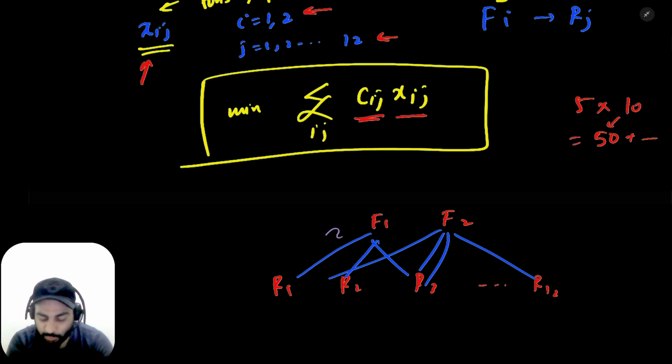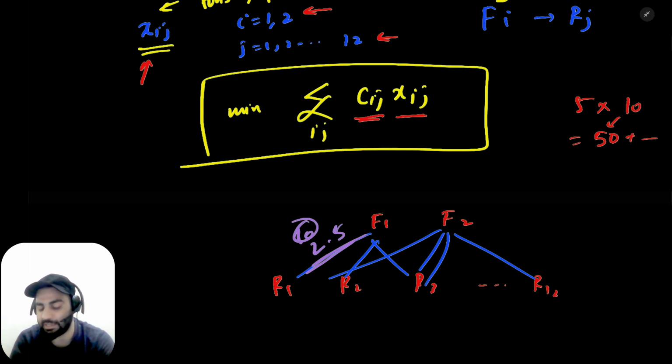If you send 2 tons and the cost is 5 per ton, that shipment costs 10. Similarly, you keep adding these together. That's what I wrote succinctly: minimize cost multiplied by how many tons of product you are sending.